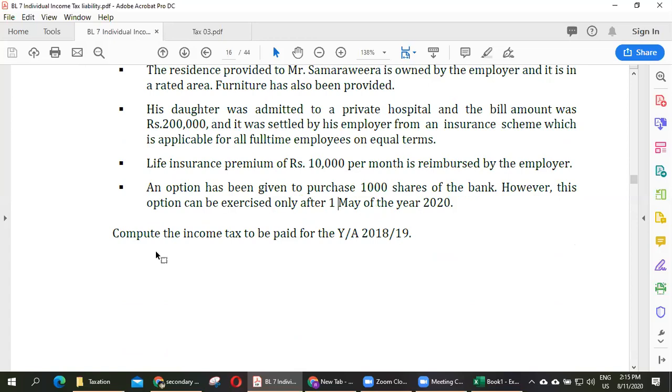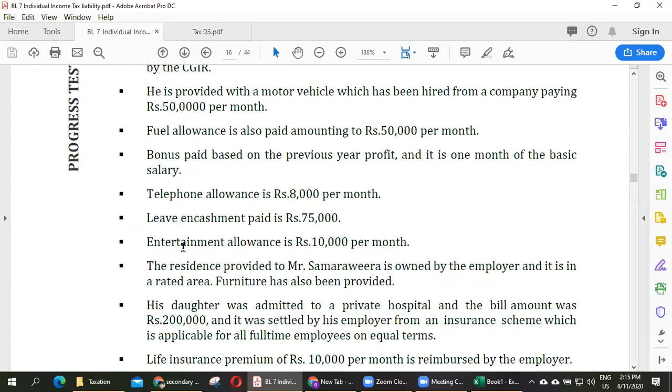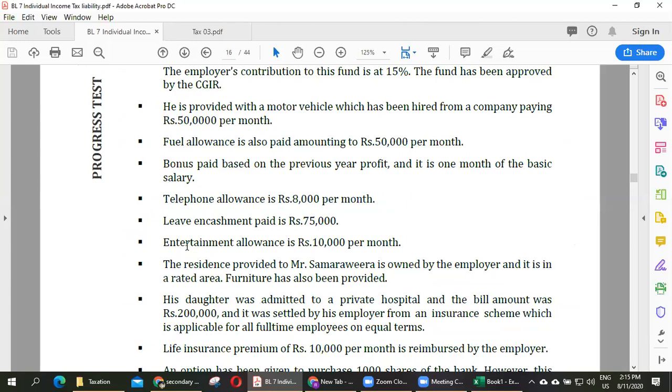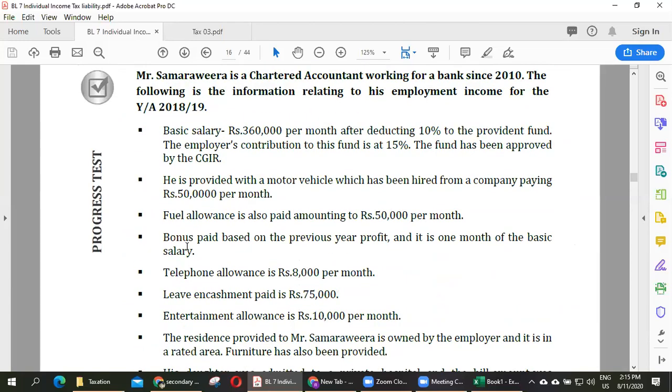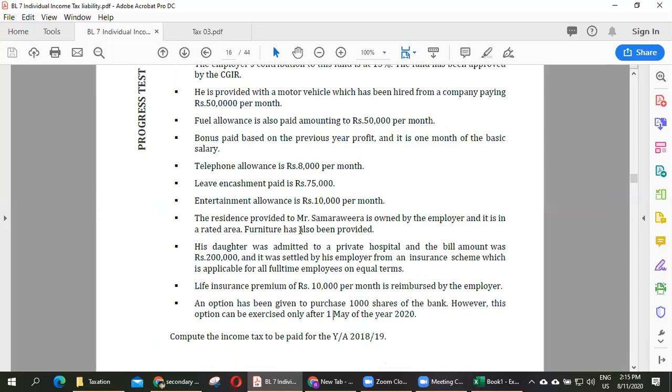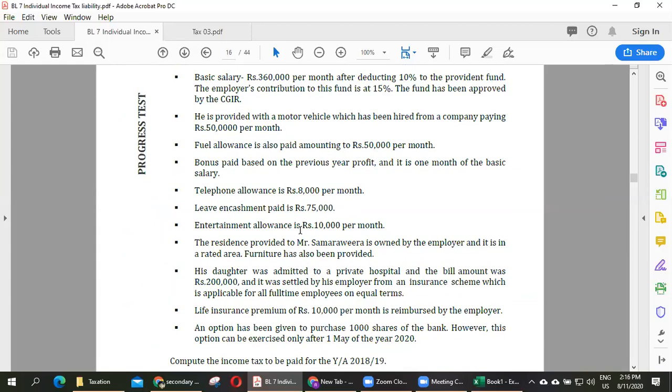Compute income tax to be paid for the year of assessment 2018-19. Can you do it? Everything we have discussed in the class. I will give you 5 minutes time. Please go through the question, and we will discuss it again, right? I will give you 5 minutes.